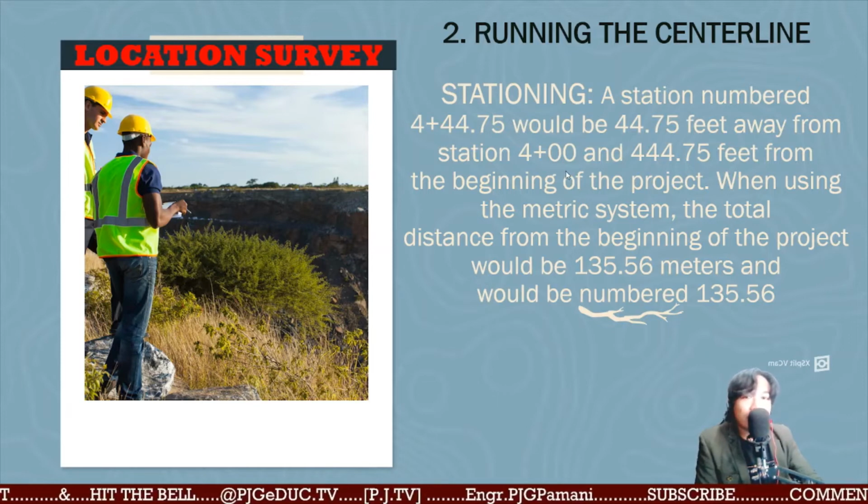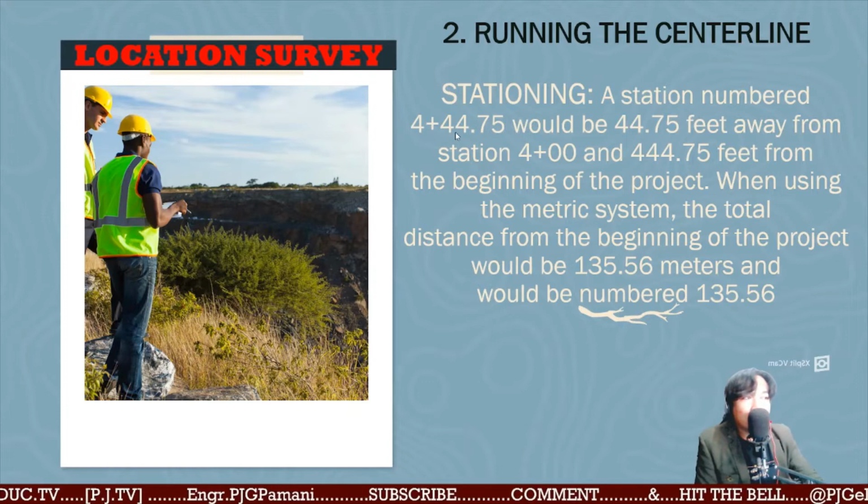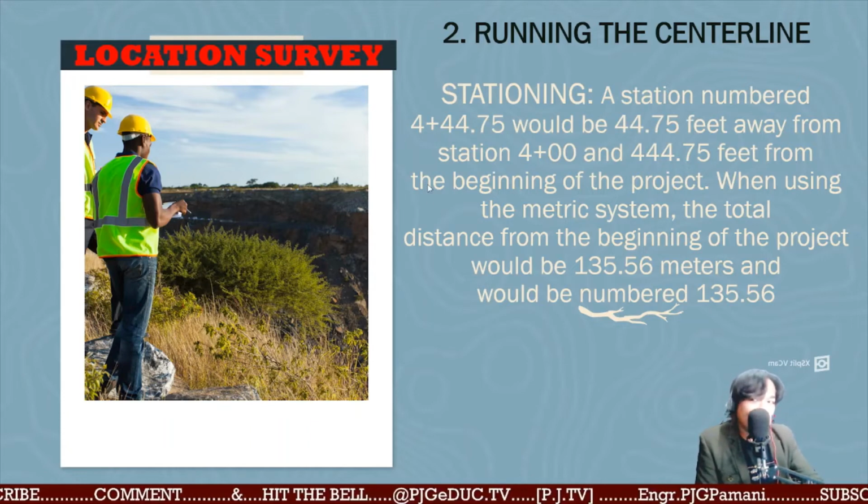4 plus 00 refers to the number of station, and yung succeeding number na 44.75 refers to your point distance from that specific stationing point.